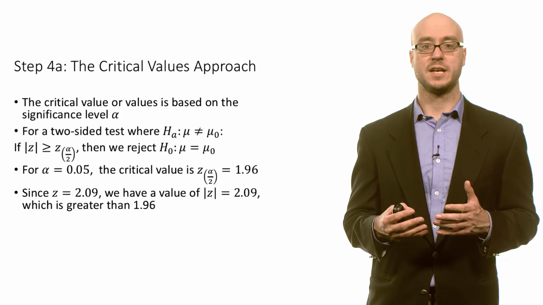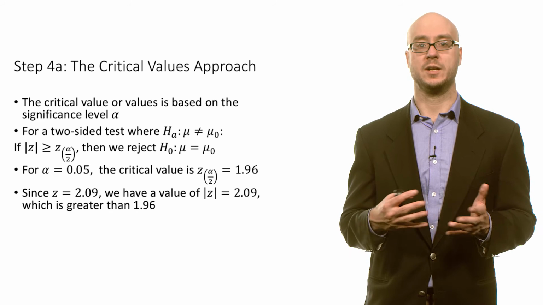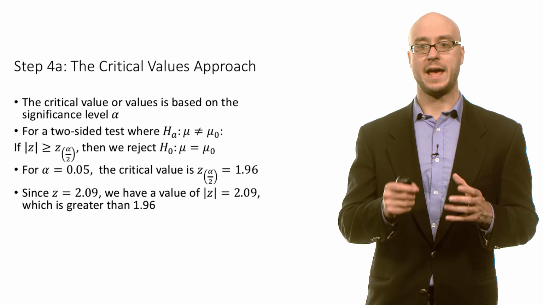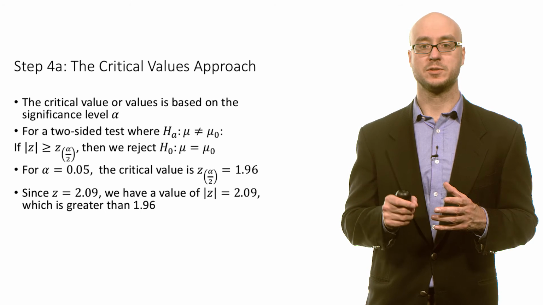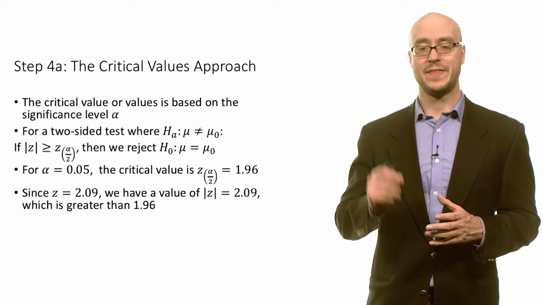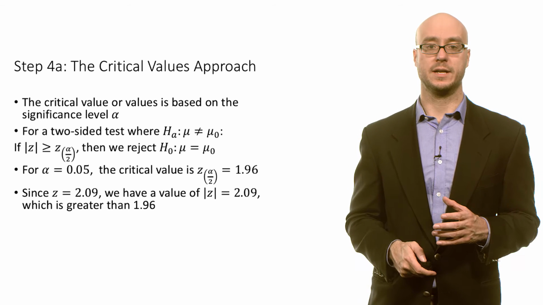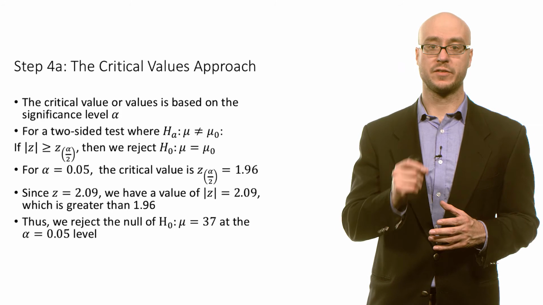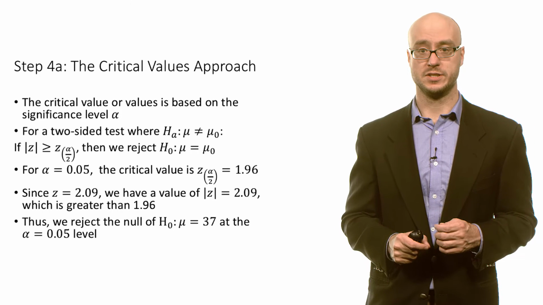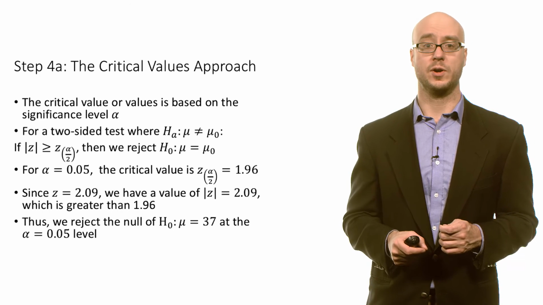Well, since our z-test statistic is about 2.09, 2.1 with a rounding error, we have an absolute value of 2.09. That is greater than our critical value of 1.96. Thus, we reject the null that the population mean is 37 hours per week at the alpha of 0.05 level.